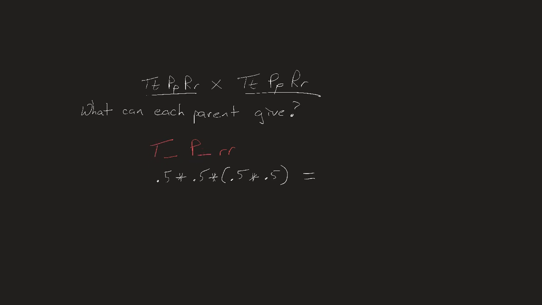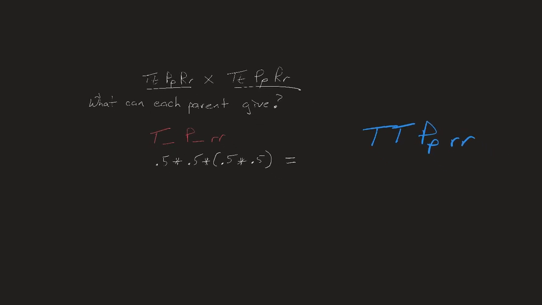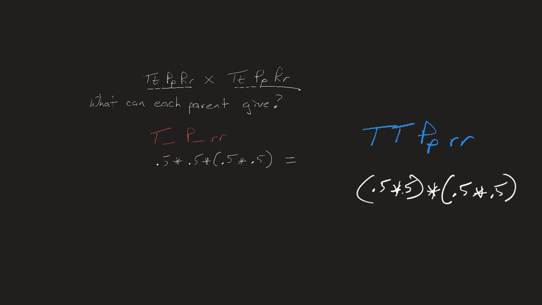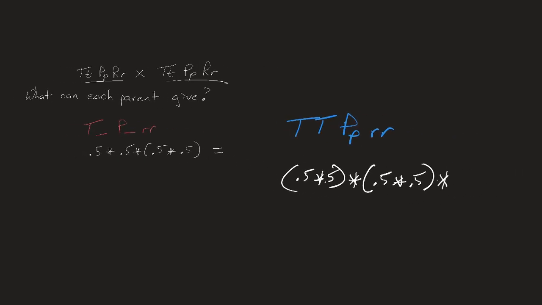They could have asked what's the odds of getting big T, big P, and little r. Well, then the answer would be 0.5 times 0.5: the odds of getting big T, times the chance of getting a big P is 0.5, times the chance of getting a little r, which is 0.5, times 0.5.